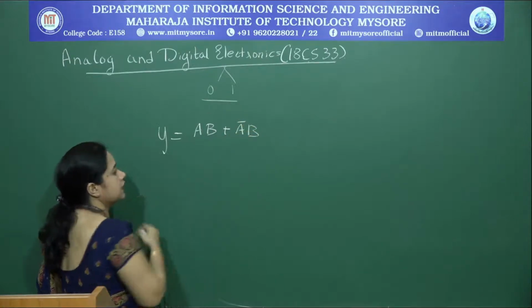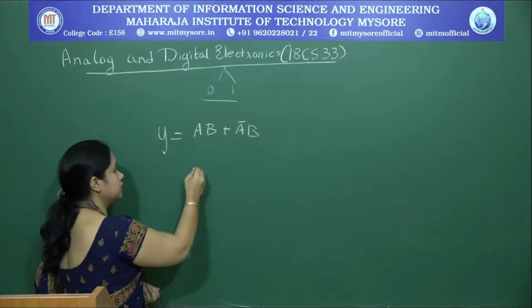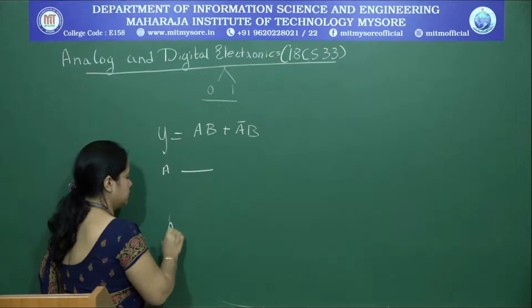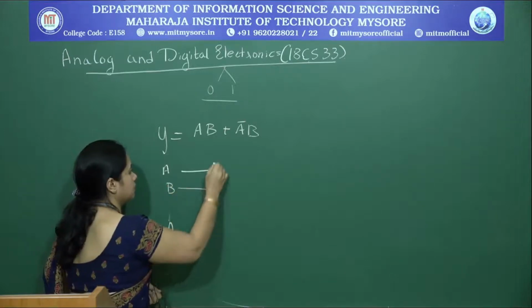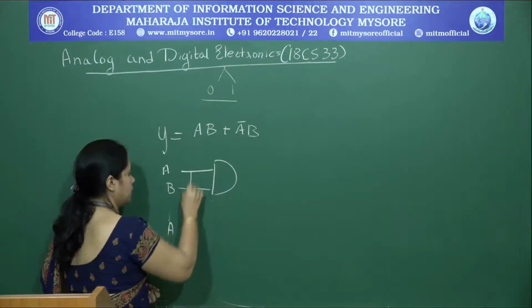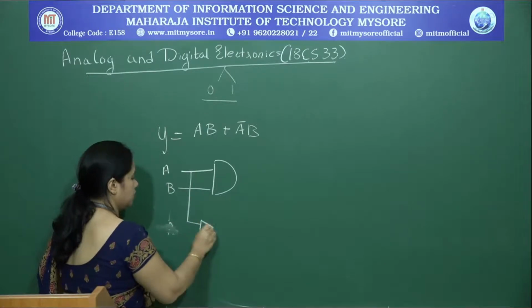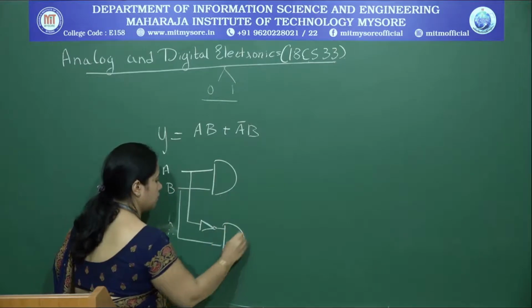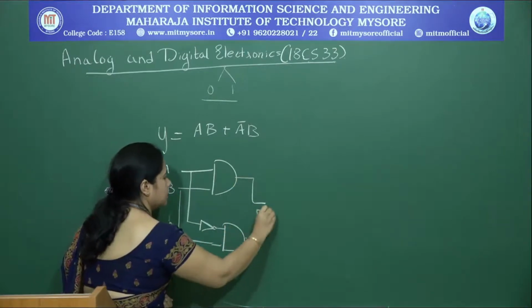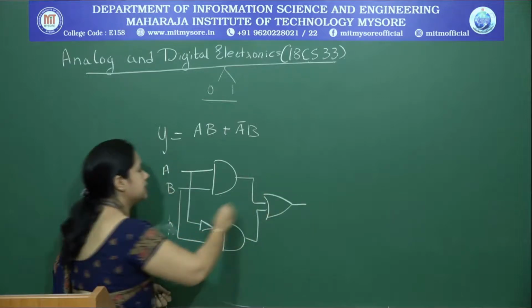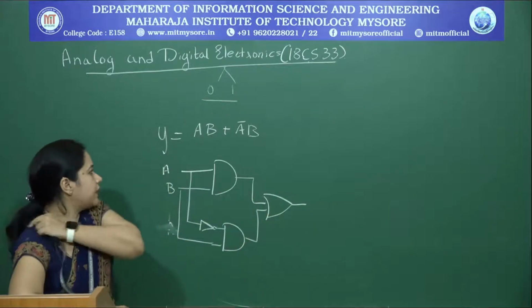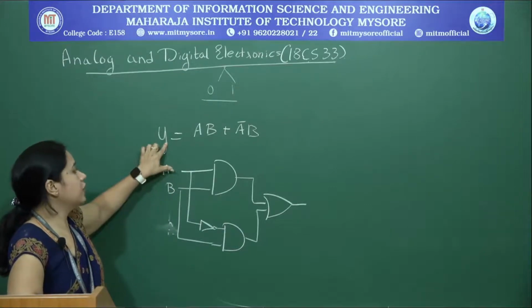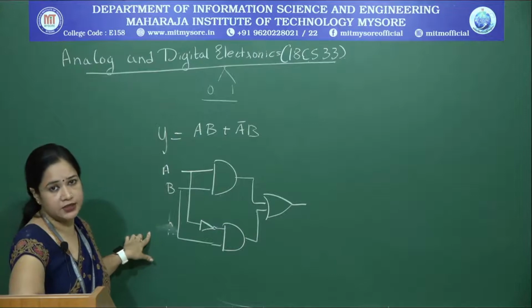So this is representing a logic circuit, something like this, A, and if I take this, this is a circuit which is going to represent a simple logic circuit, and this is a Boolean expression which is representing this particular circuit.